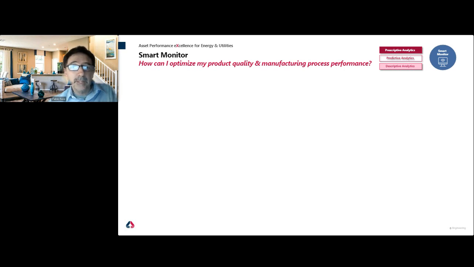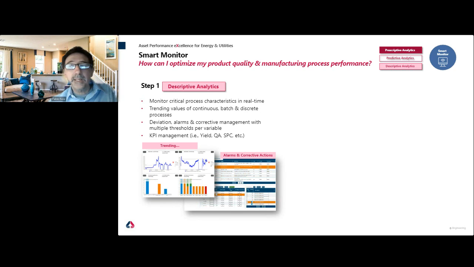So step one here is now monitor and collect data around the process characteristic in real time, start trending values of my type of production, that can be continuous, batch, or even discrete, understanding the deviation, monitoring the data in order to provide alarms and corrective action, and some KPIs like can be yield, QA or SPC and so on.